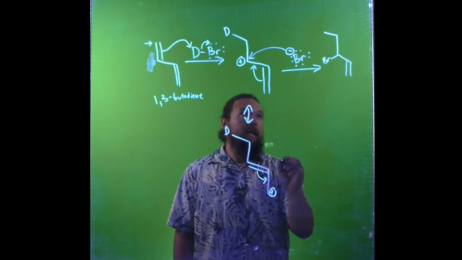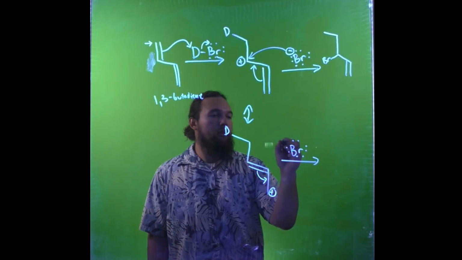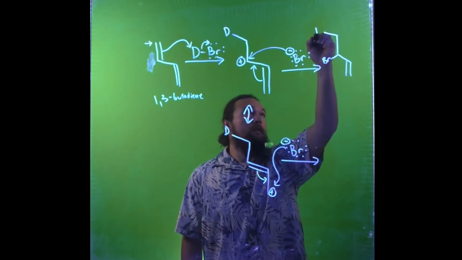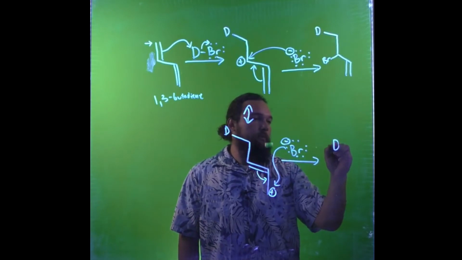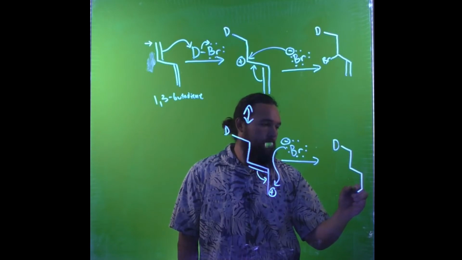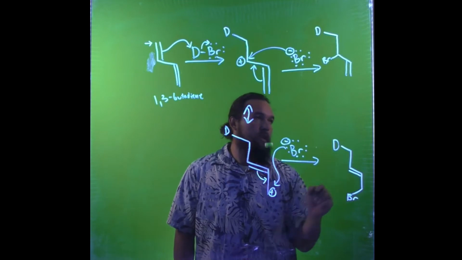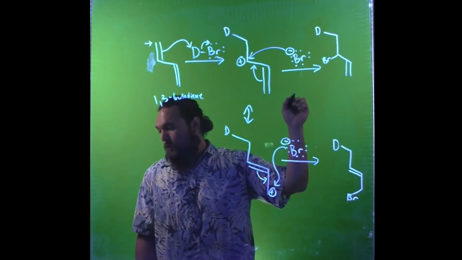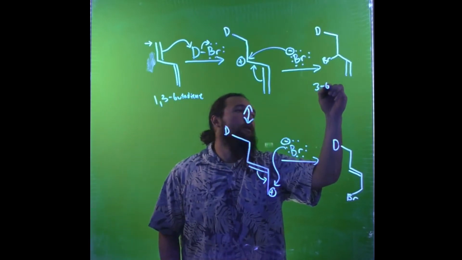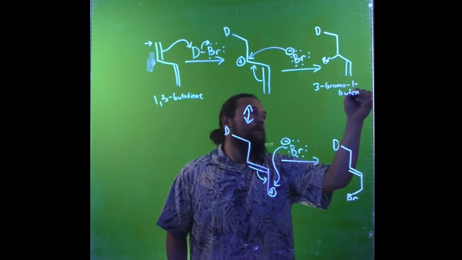Or if it attacks at this position here, it will give us this product right here. This one right here is called 3-bromo-1-butene.